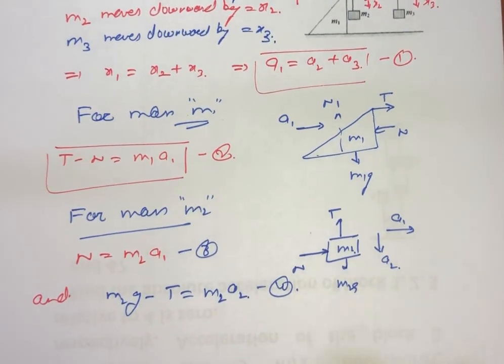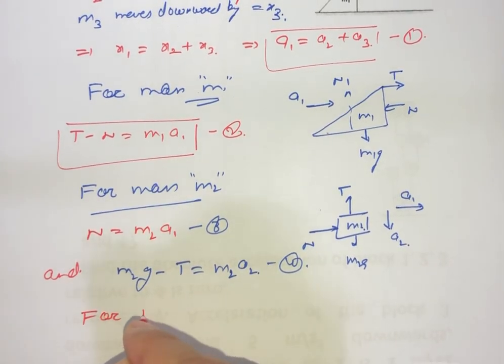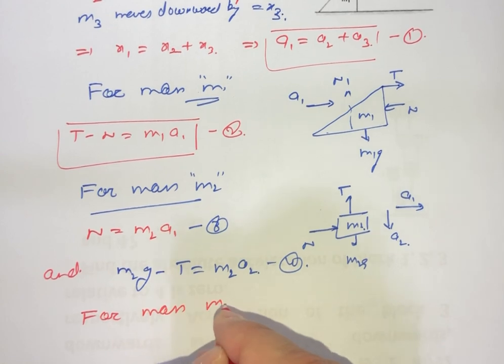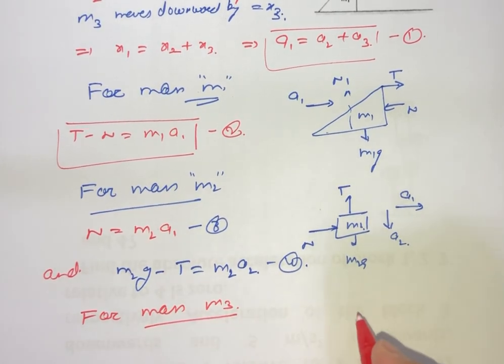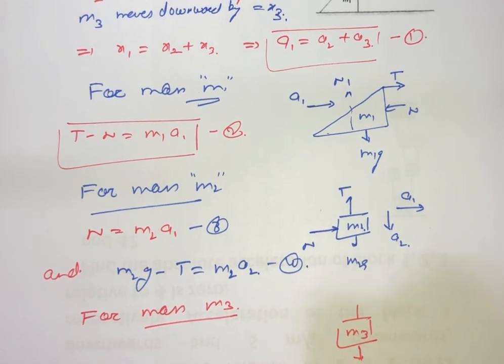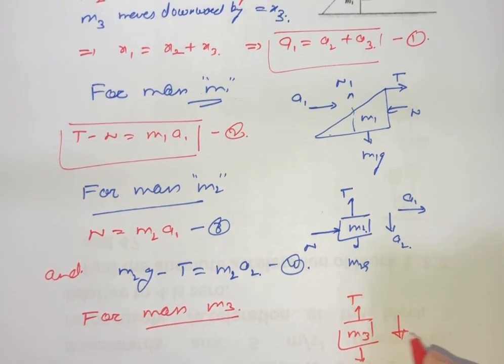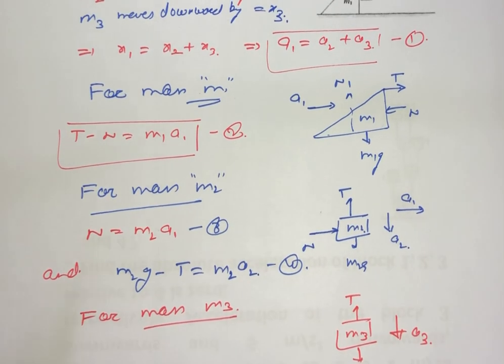And finally for mass M3, downward it will be M3g, tension T, moving with the acceleration of a3.